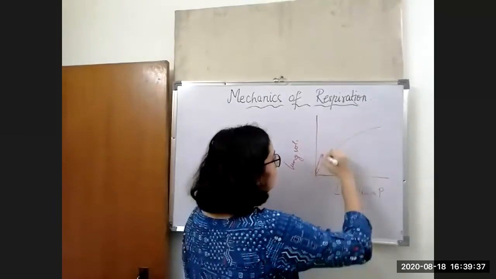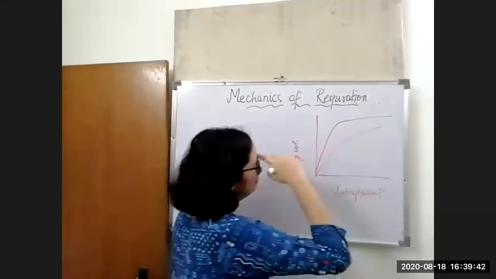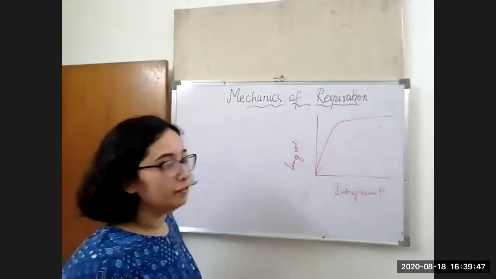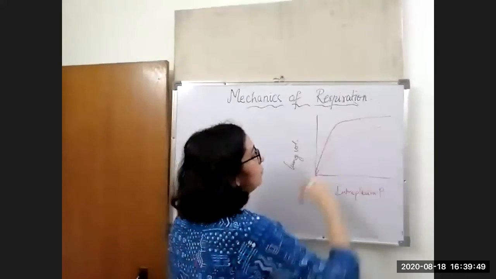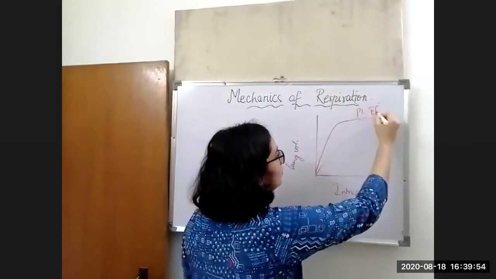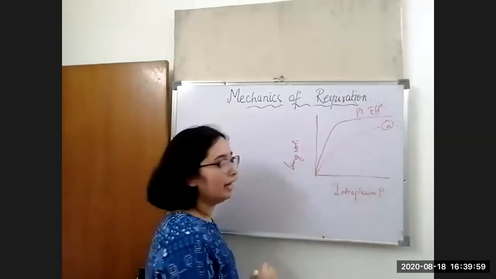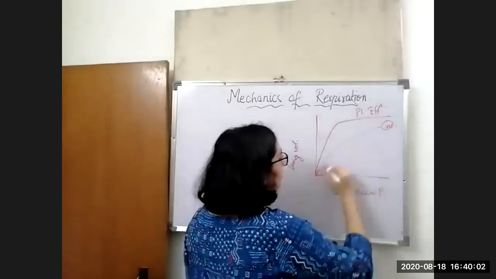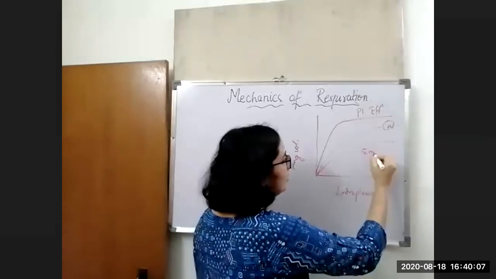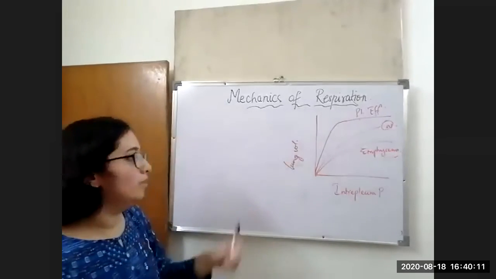But in conditions like pleural effusion, where the compliance decreases, the curve will be like this, and this is the normal compliance. And in cases where the compliance increases, the curve will be like this, right? Okay, so this is the curve.